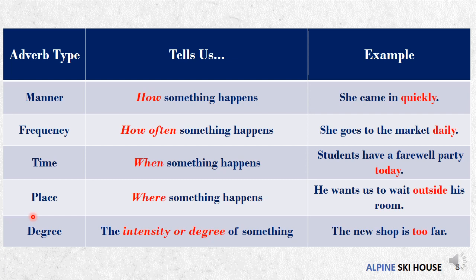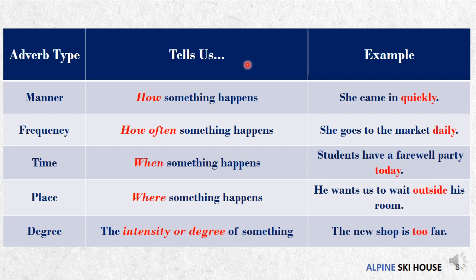The last slide shows us about adverb types and tells us how they work, and there are examples to understand in a better way. So we have different adverb types: adverb of manner, adverb of frequency, time, place, and degree. And what does each tell about?